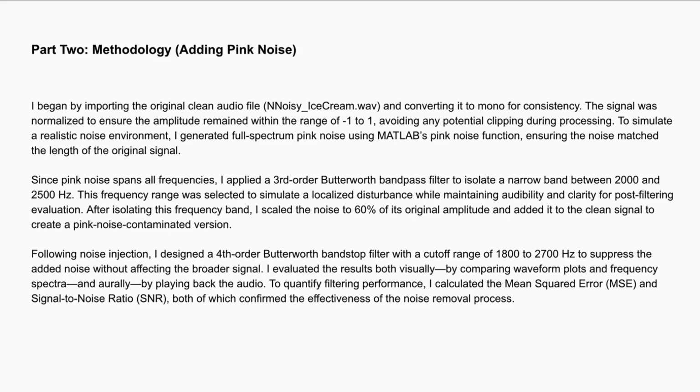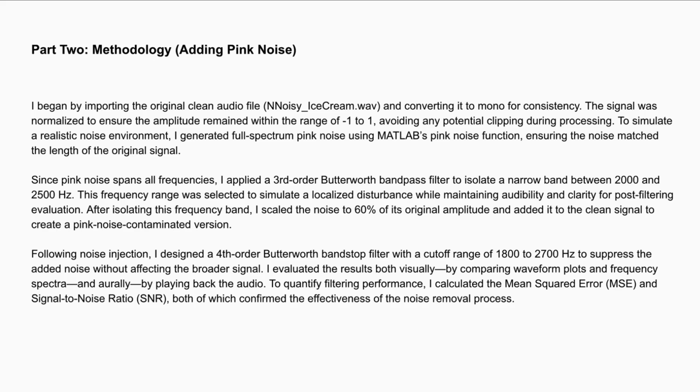I wanted to, whenever I imported it, the signal was normalized to ensure that the amplitude remained at a certain range, so that I don't worry about clipping when I'm processing this audio. And I generated a full spectrum of pink noise, and I made sure that the noise matched the length of the original signal so that they can actually be added together.